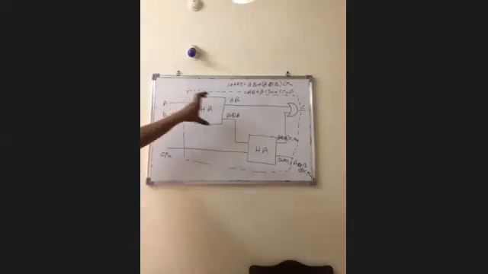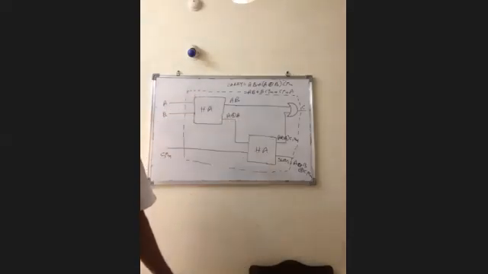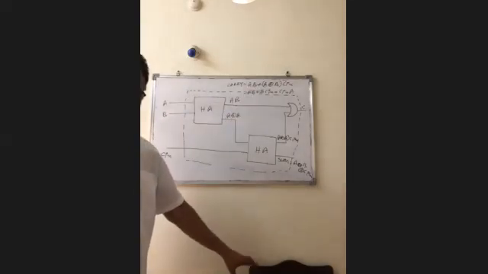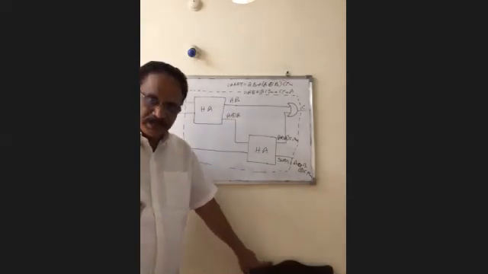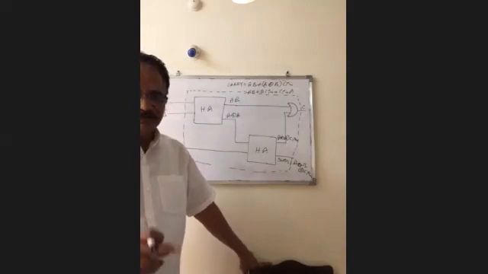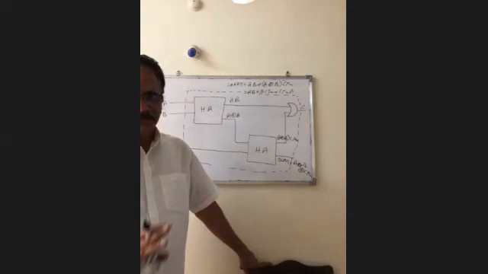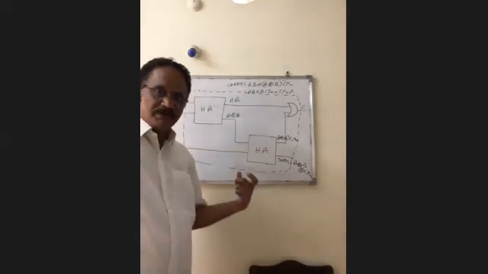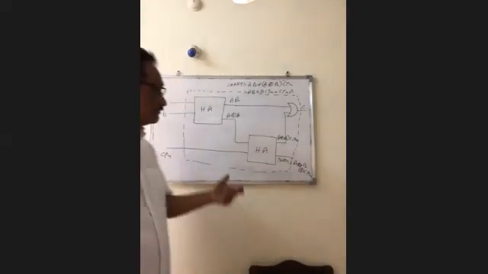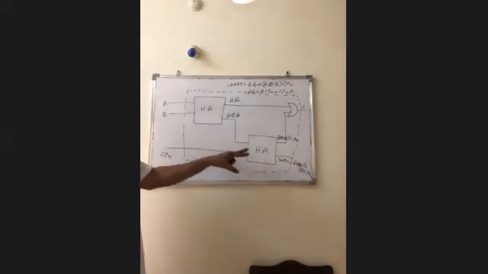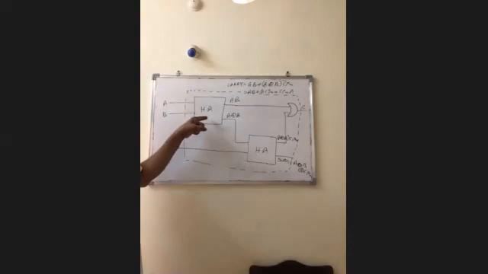This is a block diagram of a full adder by using two half adders and one OR gate. For the first half adder, the inputs are A and B. For the second half adder, the inputs are the sum output of the first half adder and the third input Cin.